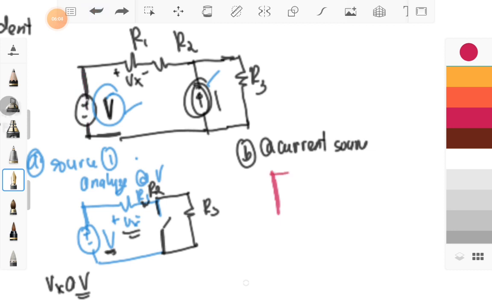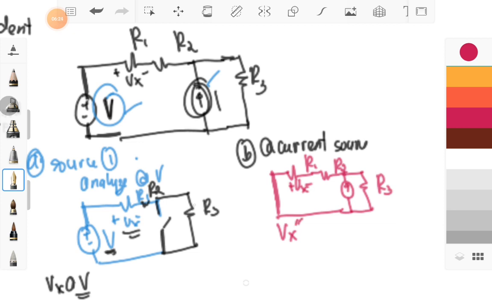Okay, so we have our R1, R2. Okay, so we have positive, negative Vx, and then our current source, which will analyze your Vx, and this will be your R3. So meron tayong Vx double prime. Sabihin natin nga Vx prime to. Vx double ba? Prime naman yun at I source.